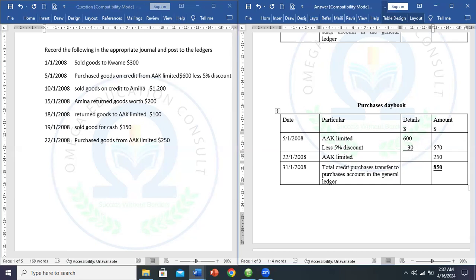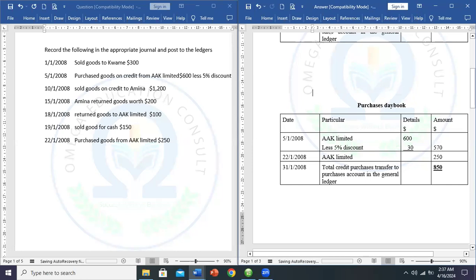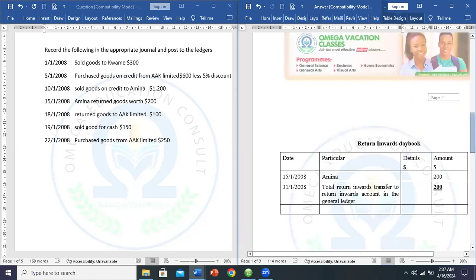Okay, now look at something here. Returned goods to AAK 100. So AAK is somebody we purchase from at a discount. So if we are returning goods to AAK, then we have to consider that discount as well. So it means that in your return outwards daybook, you would have considered deducting.